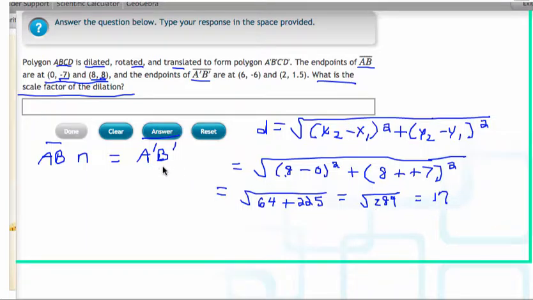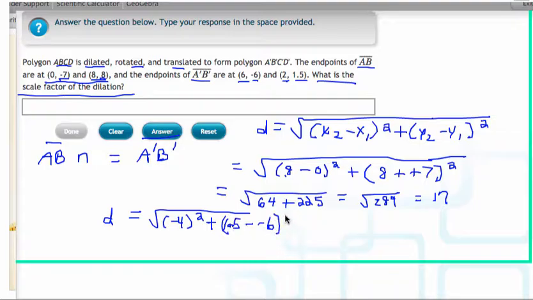Now let's find the length of A'B' using the distance formula. x2 minus x1, 2 minus 6 is negative 4, quantity squared, plus 1.5 minus negative 6, quantity squared.